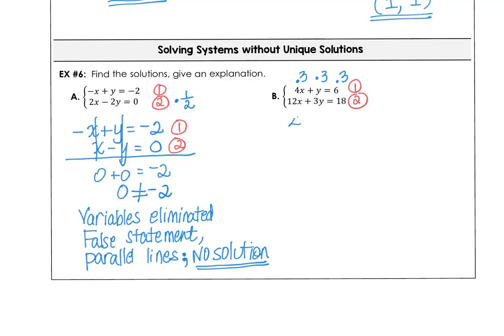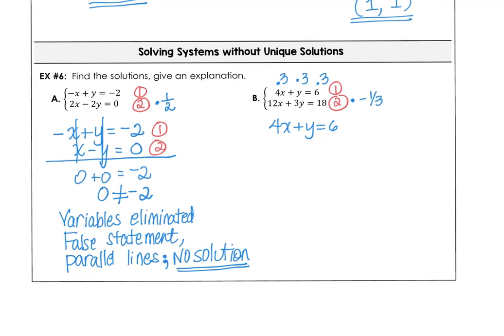But if I choose to say 4x plus y equals 6, and then I choose to divide or multiply, whichever way you want to think about it, by negative 1/3, or divide by negative 3, multiply by negative 1/3, we're going to end up with negative 4x and minus y, and that's equal to negative 6.